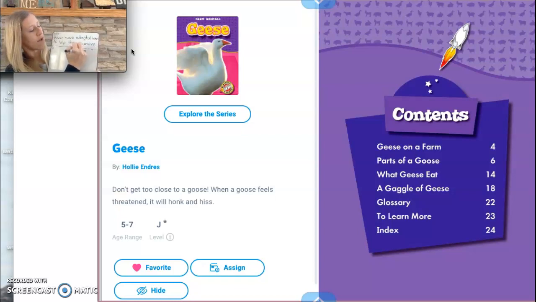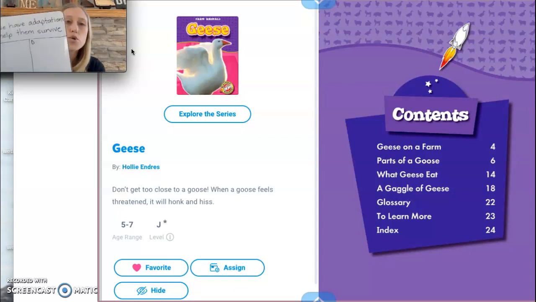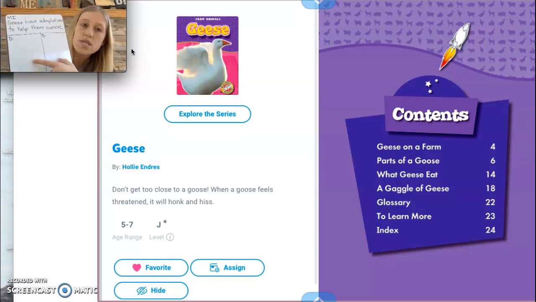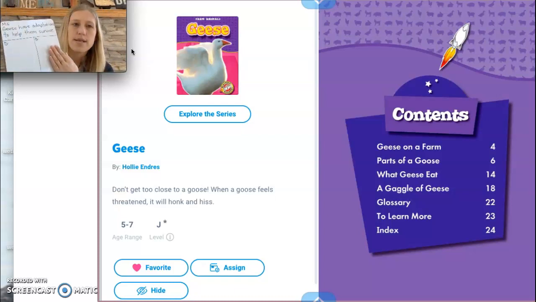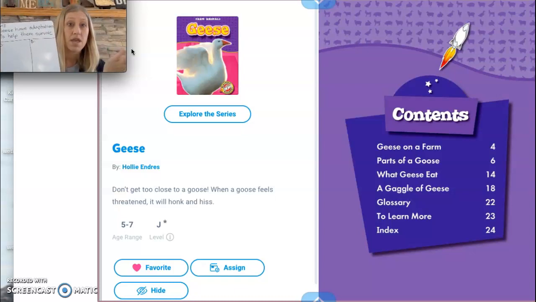Now, friends, you're going to get 2 details from the story. Remember, I'm not just going to write a word, I'm going to make sure it's a sentence: a capital letter at the beginning, spaces between my words, and punctuation at the end. Both of these details will be something about the geese that help them survive.